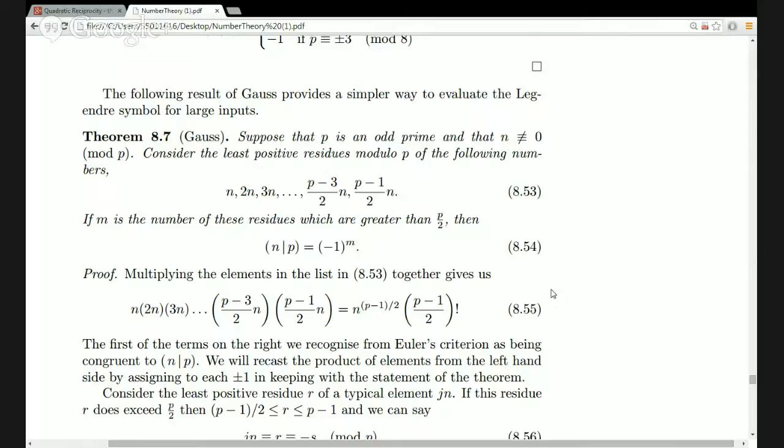These quantities link to the geometrical idea, something very informal, that it's to do with the line of slope n over p.